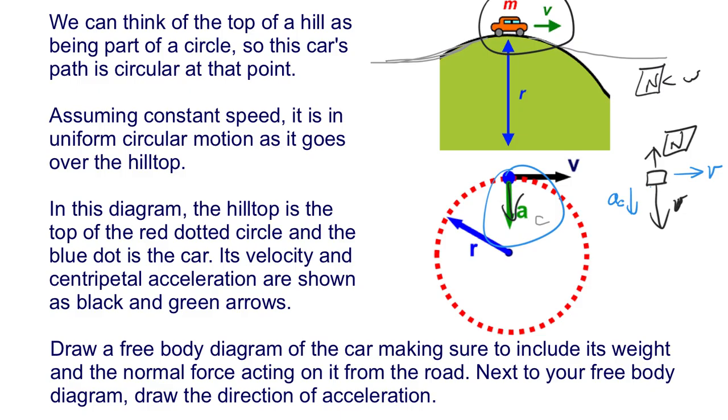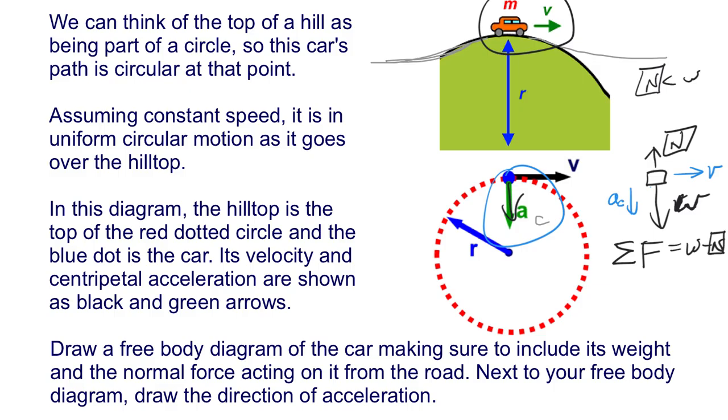This is supposed to be W for the weight. Okay, so we can see that the net force would be, in this case, the weight minus the normal force. The weight has to be bigger in this case.